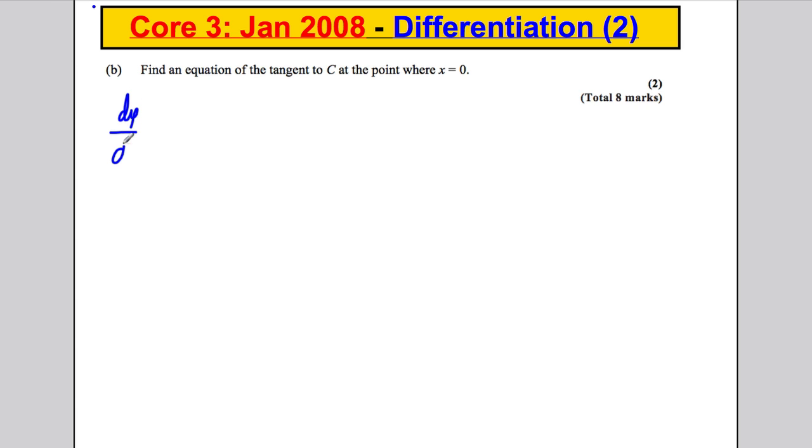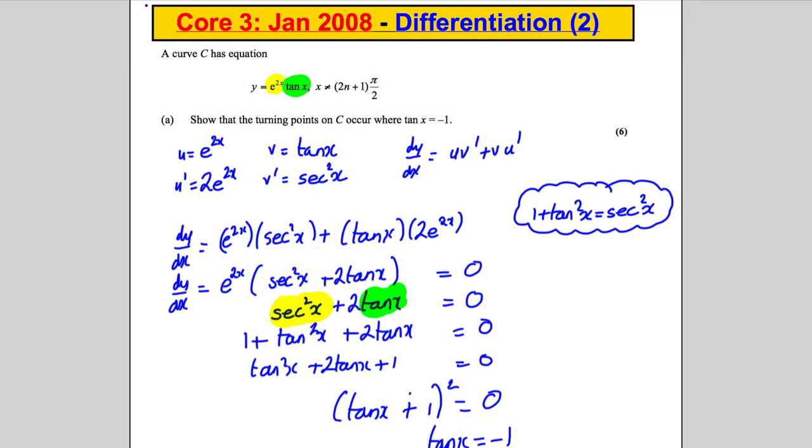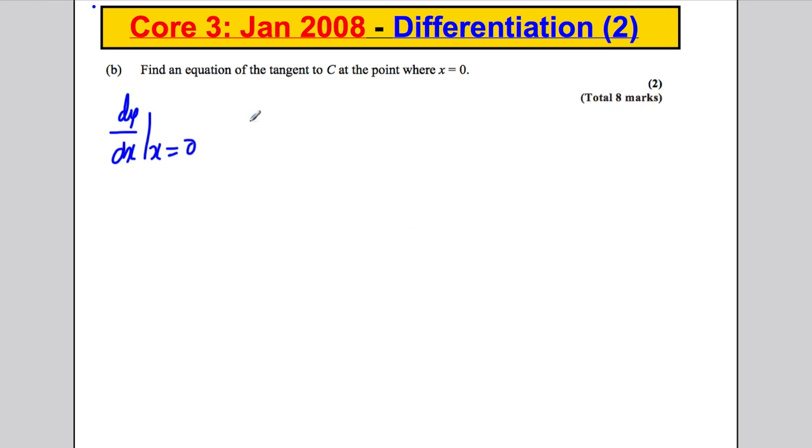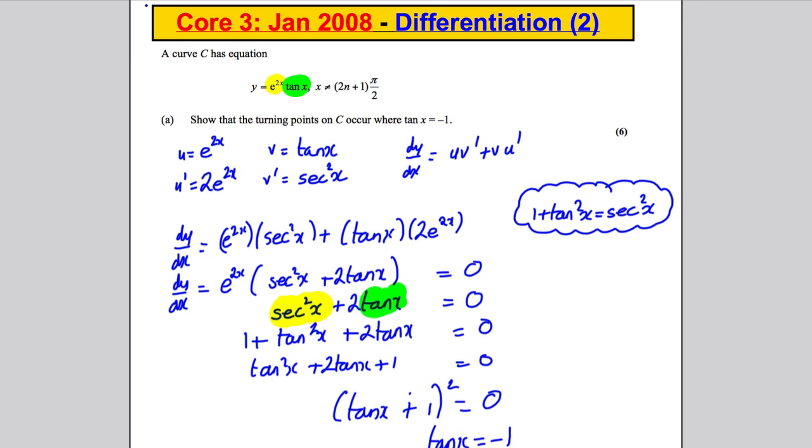So you want to work out dy by dx when x is equal to 0 for the gradient. You know that the gradient is equal to this here.